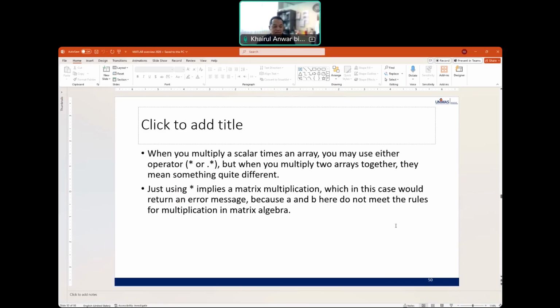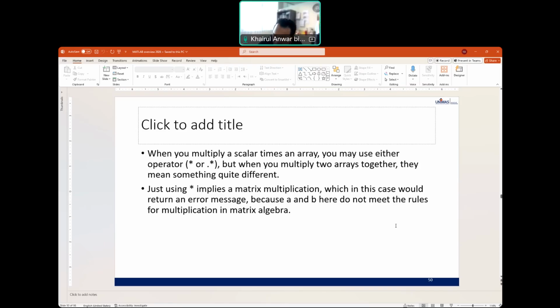When you multiply a scalar times an array, you may use either operator, either asterisk or dot asterisk. But when you multiply two arrays together, they mean something quite different. Just using the normal multiplication in this case would return an error message.